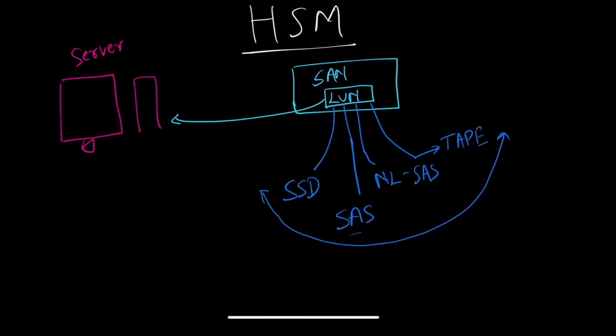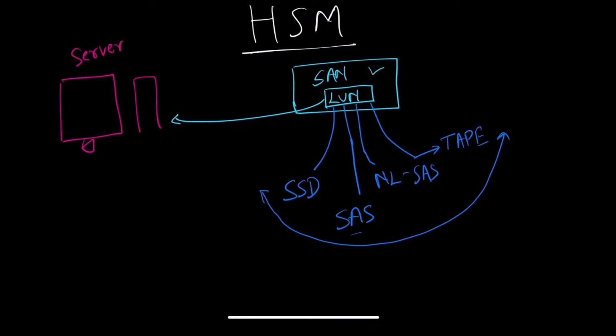SAS, serial attached SCSI, happens to be not as performant as SSD, but still much better as far as performance is concerned and a little more economical than SSD. Nearline SAS, not as performant, but cheaper. But when we go to tape, where the data is stored in tape, not expensive at all. It's going to be the most economical, but it's going to be the slowest, right? So I want to make sure that my SAN is intelligent enough.